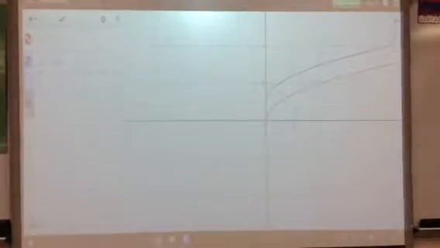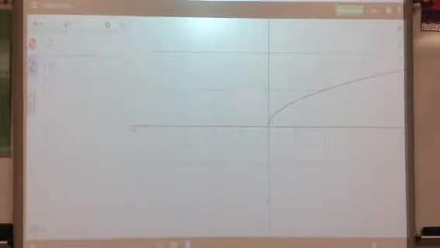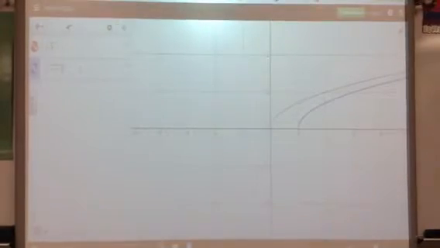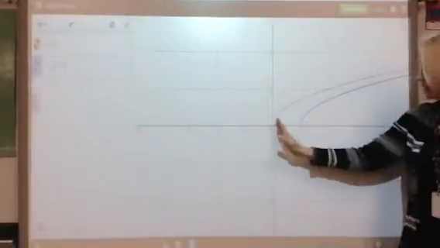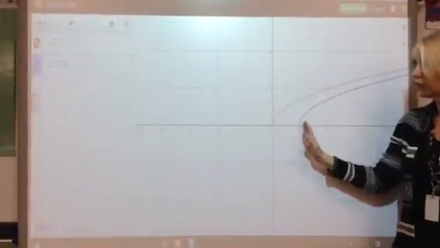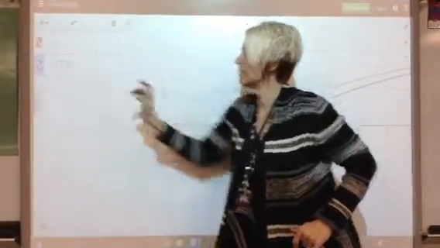Now let's look at the second example when there's something inside. And we have x minus 2 inside. So if you notice, that graph has moved right 2 because I'm going underneath the radical, and the negative is going to make it move right.